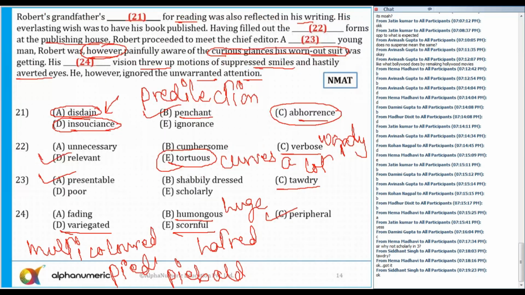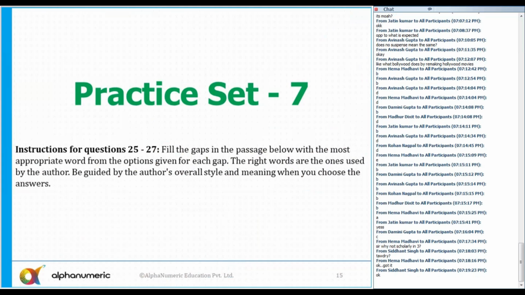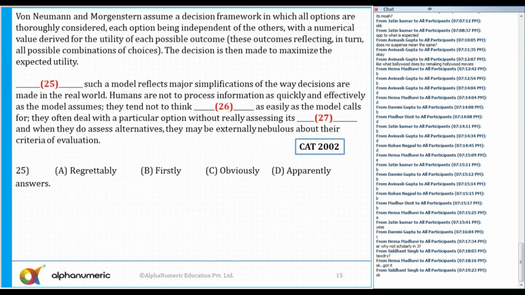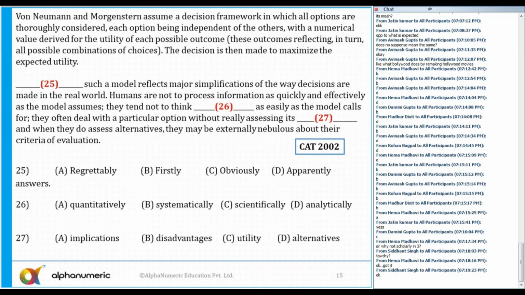This is from CAT 2002. Now you'll have to be very careful, okay? But otherwise, it's not very difficult. Von Neumann and Morgenstern assume a decision framework in which all options are thoroughly considered, each option being independent of the others, with a numerical value derived from the utility of each possible outcome. These outcomes reflecting in turn all possible combinations of choices.